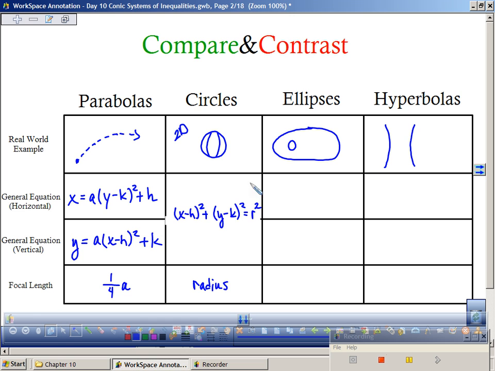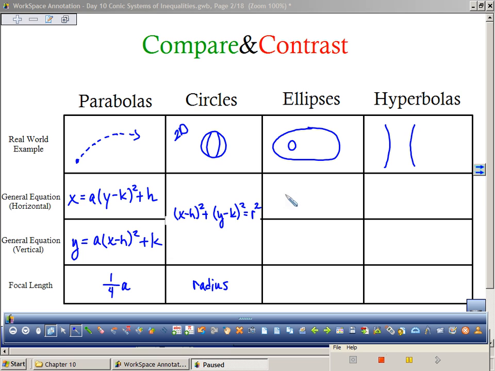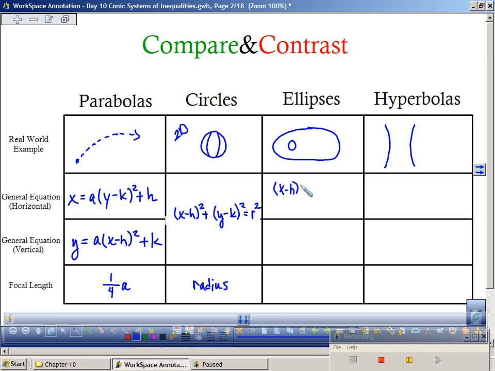Okay, an ellipse. Show me a horizontal ellipse. Okay, so this one horizontally would mean that we have x minus h squared, y minus k squared, equals 1. There's a, what kind of sign? An addition sign.